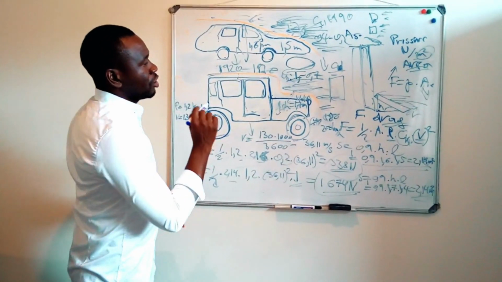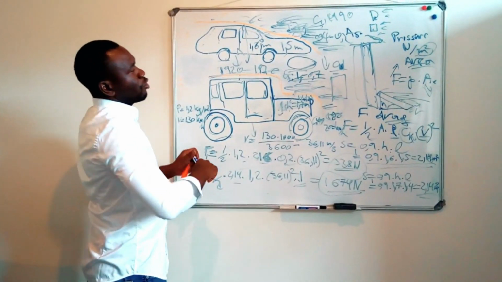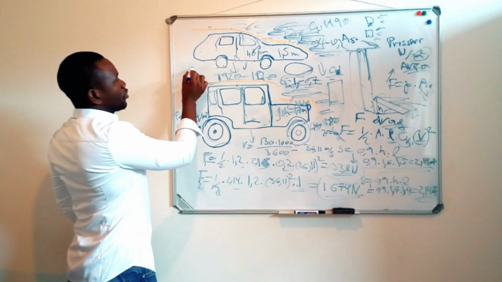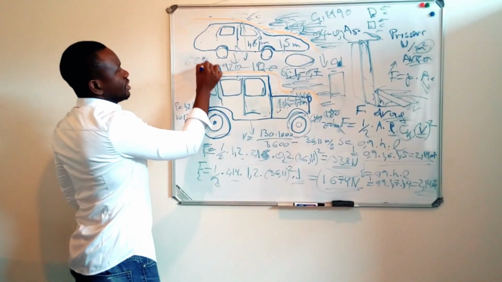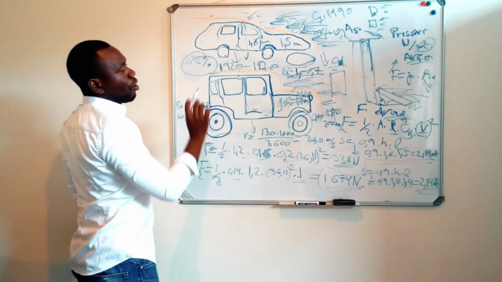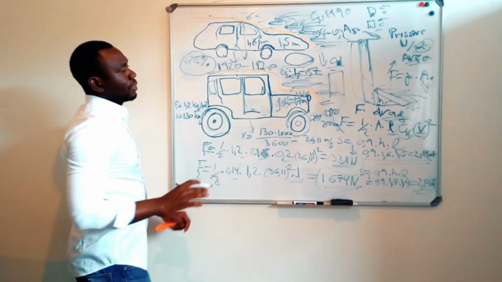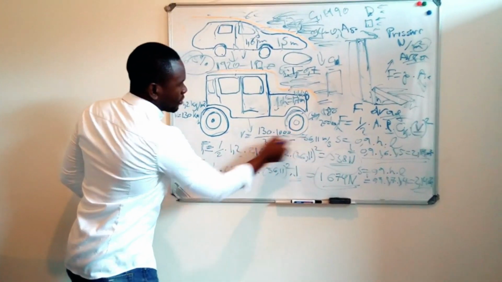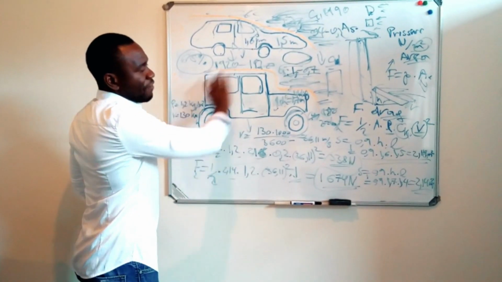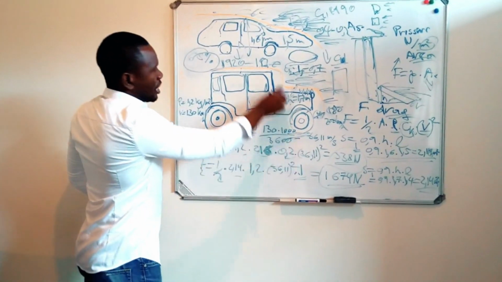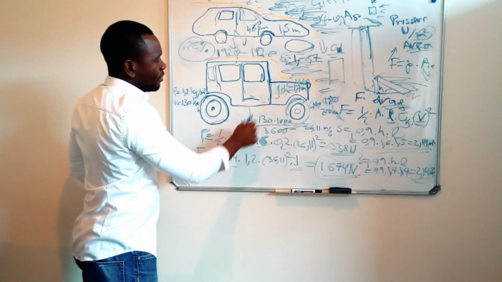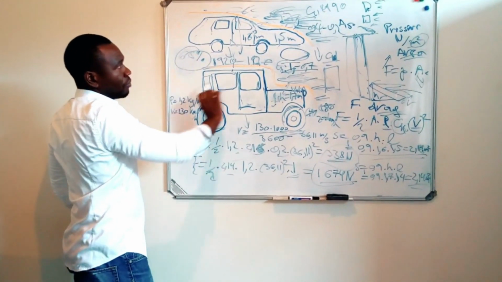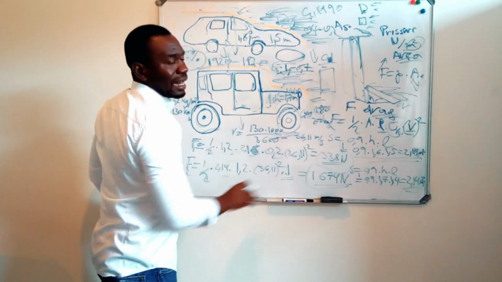And you should know that the force of drag constitutes an average of 65% of all the force that resists the movement of the car. If we put everything together, the friction force, the lifting and weighing force, all of that, 65% of the resistance comes from the force of drag.